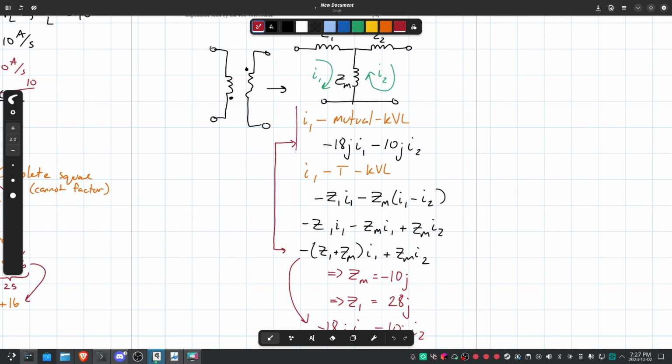You compare what you get in the mutual circuit. Actually, it'd be better if I draw it like this, because that is our equivalent circuit.